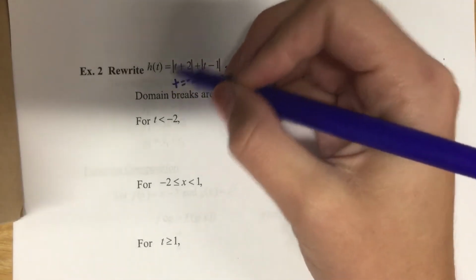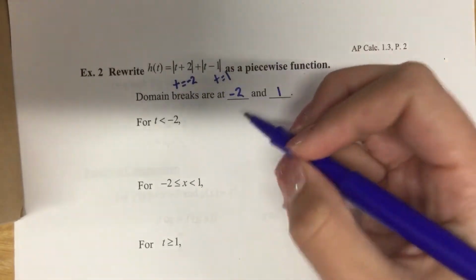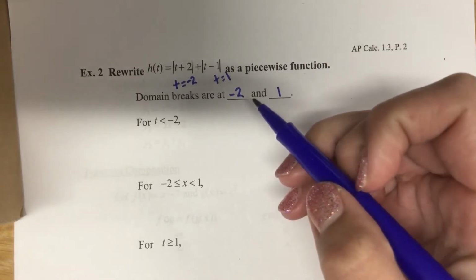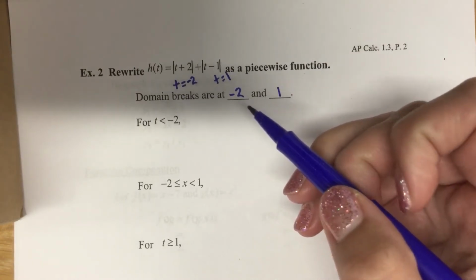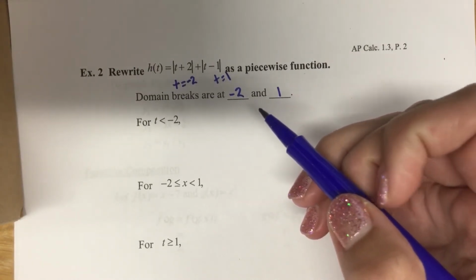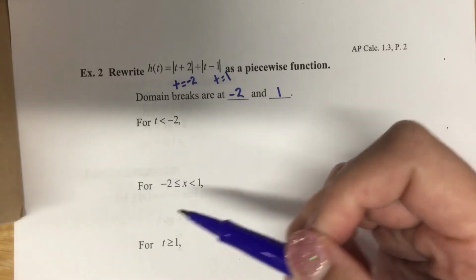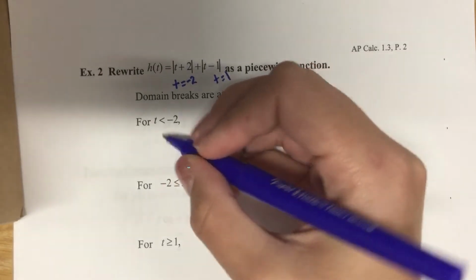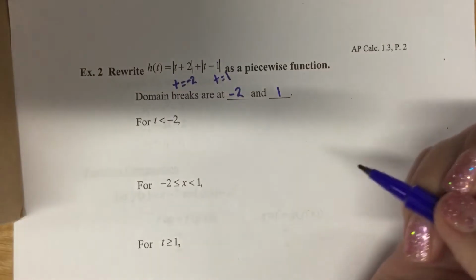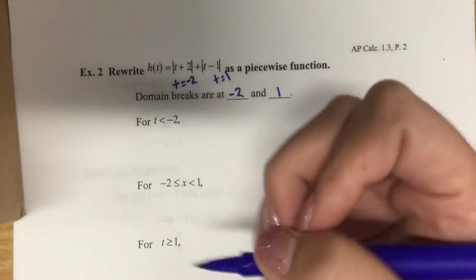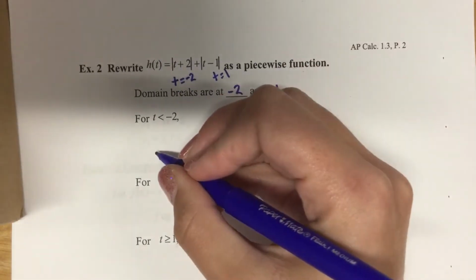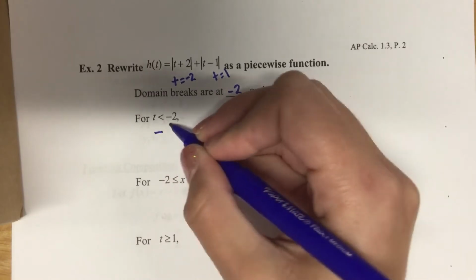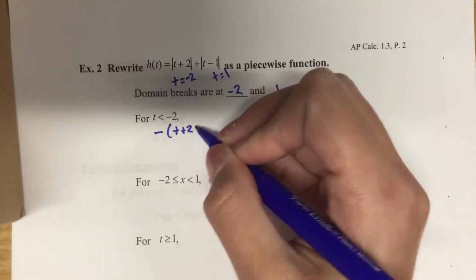This one is going to start out as a negative function because it's on the negative side of it. Where is it less than -2? We're looking at that negative piece of it.